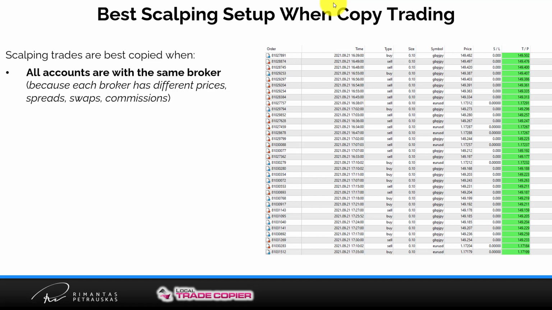So just keep this in mind when you're copying trades. If you're aiming for bigger take profits, like 20, 50, 100 pips or whatever, like swing trading or day trading, not scalping, it doesn't matter. If you're aiming for 100 pips and there's a slippage of 2 pips and your client gets 98 pips instead of 100, nobody cares about that.